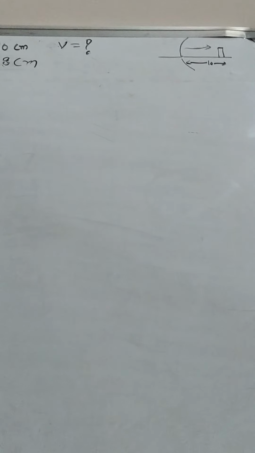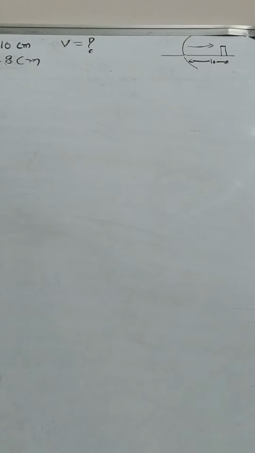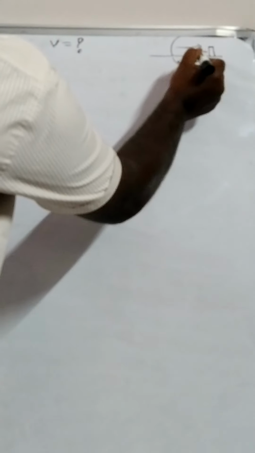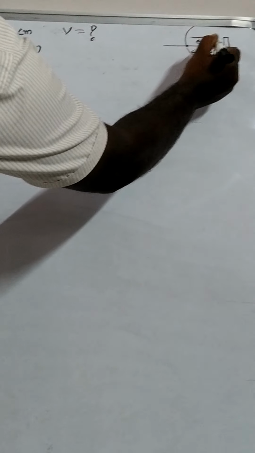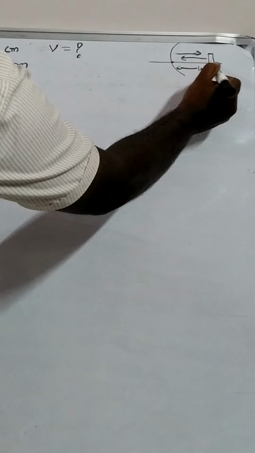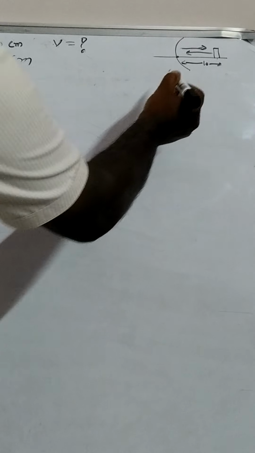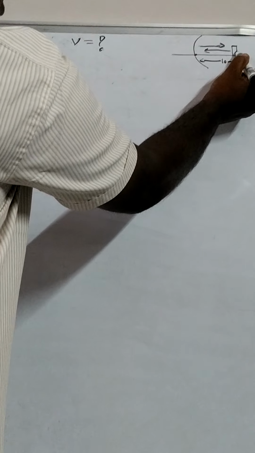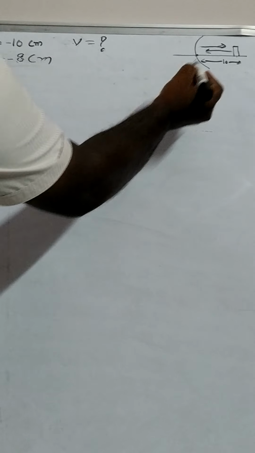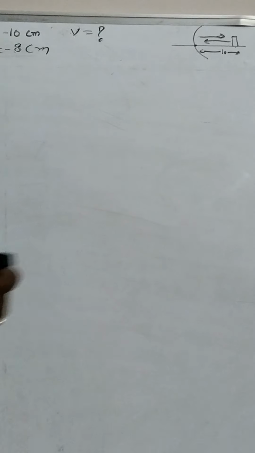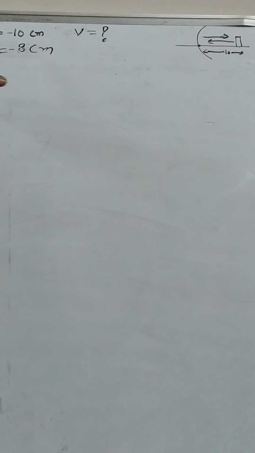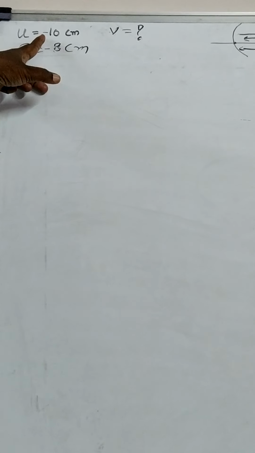But the light comes from the object in this direction. We are measuring object distance from pole to object, while light rays go from object to pole. So both are in opposite directions. So that's why object distance is negative.